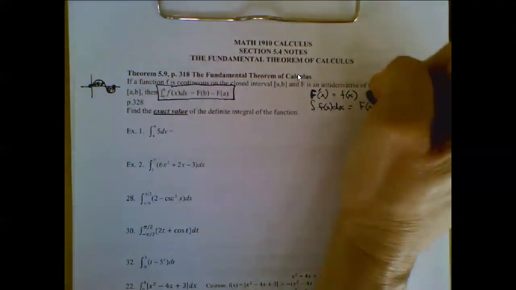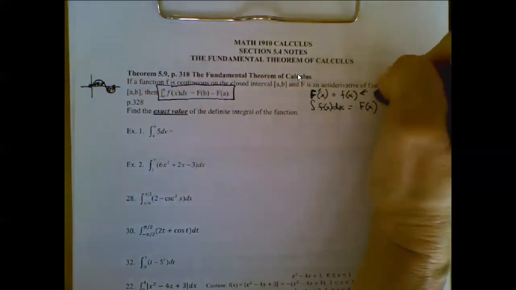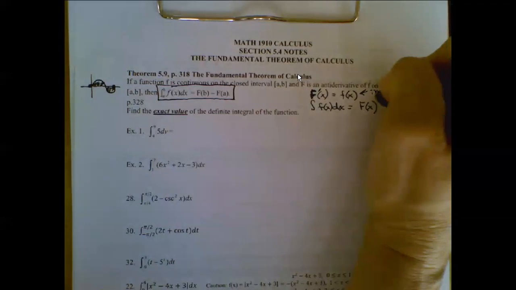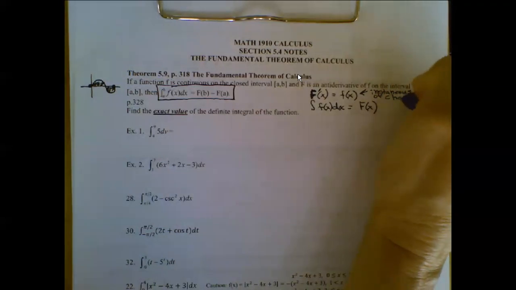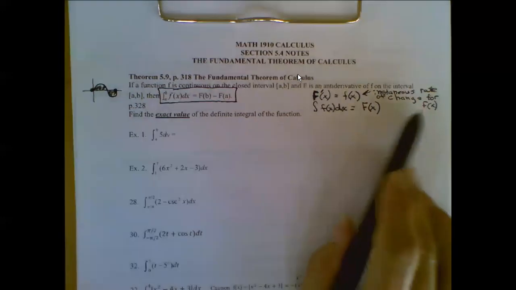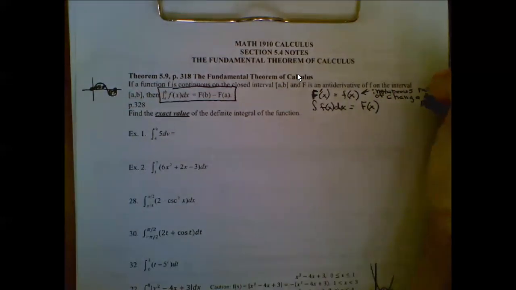This derivative gave us a formula for finding the instantaneous rate of change, or the function f of x. It's like the slope formula using capital F of x.